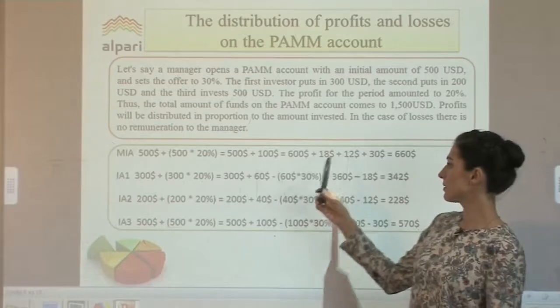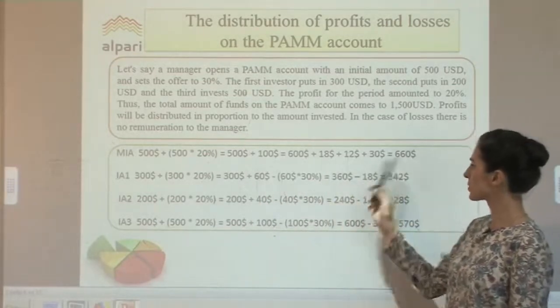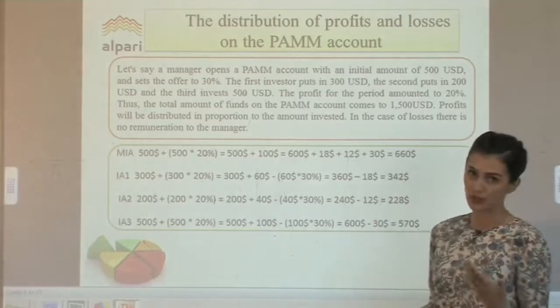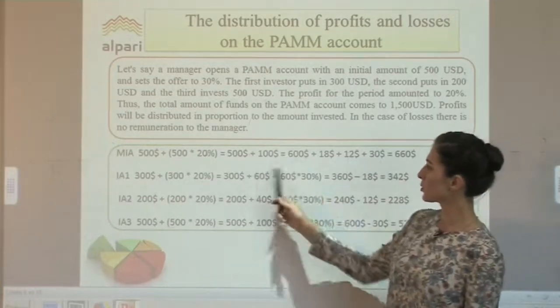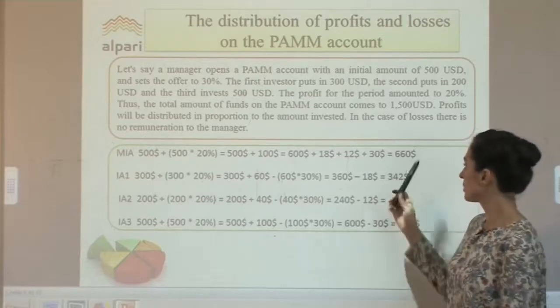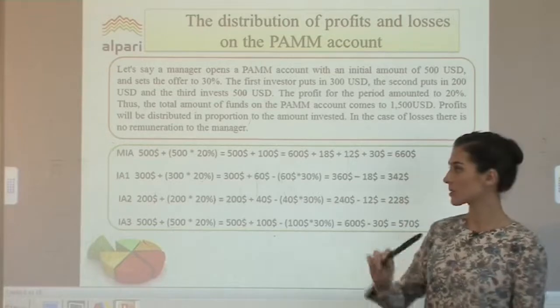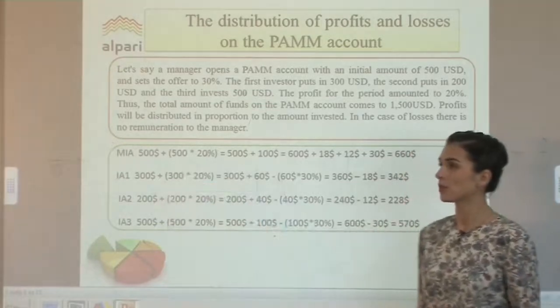Here we can see that the manager receives 18 plus 12 plus $30 remuneration, this is about $60, and plus 100, this is his personal profit. He got $160 plus his initial funds.